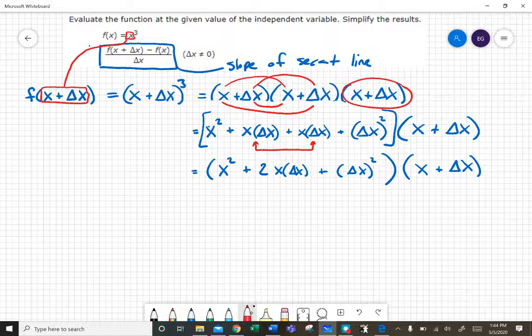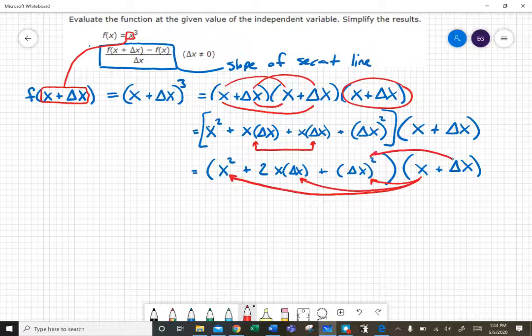So we have to distribute, x times each one of these terms, and then a delta x times each one of these terms. If we multiply through the x first, x times x squared is x cubed.